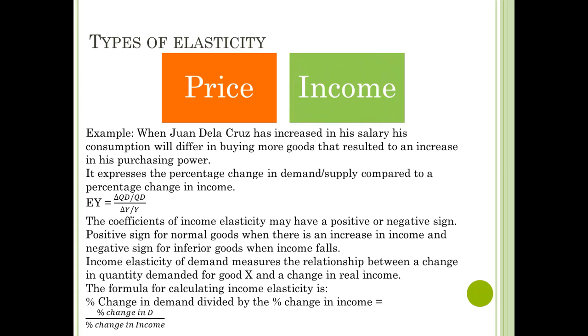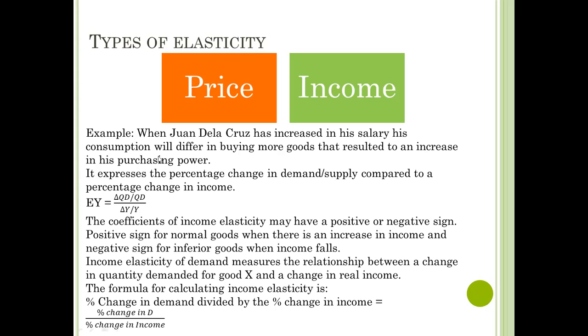When one Juan De la Cruz has an increase in his salary, his consumption will differ in buying more goods, which results in an increase in his purchasing power. So it expresses the percentage change in demand and supply compared to a percentage change in income.